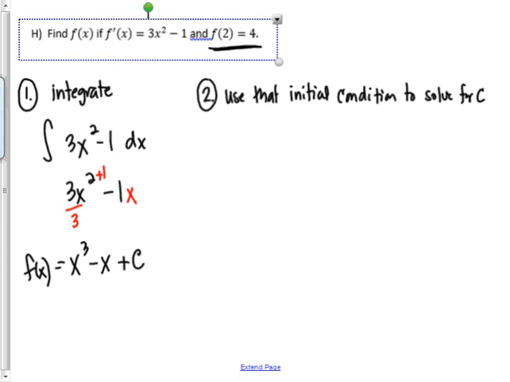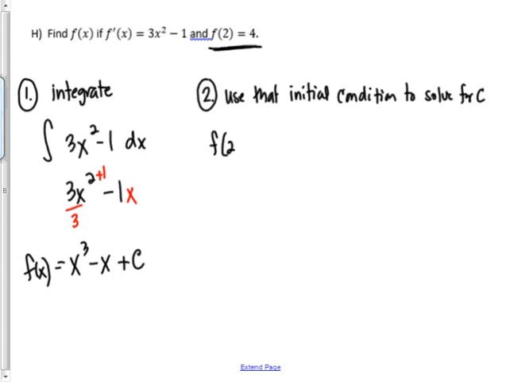So f of 2 means everywhere I have an x, I'm going to plug in 2. And I know, because it tells me right here, f of 2 is equal to 4. So when I plug in those 2's, I should be equal to 4.